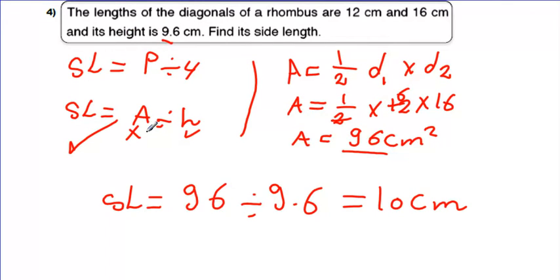But I can get the area because he gave me the two diagonals. Area equals half d1 times d2, equal 96 centimeter square. So the side length will be equal area divided by height, equal 10 centimeter. Okay.